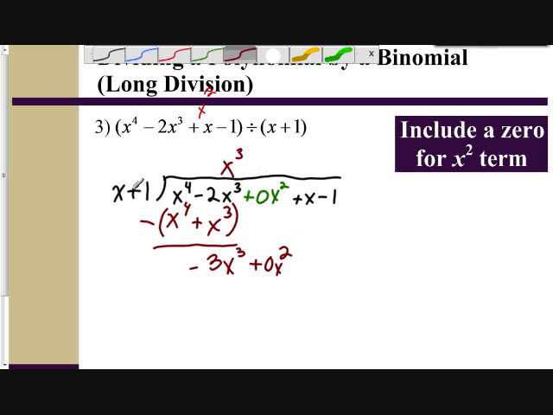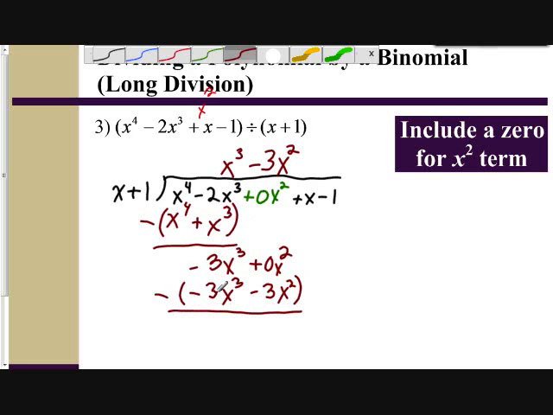And again, we look at what we multiply x by to get negative 3x cubed, and that would be a negative 3x squared. Distribute, and we get negative 3x cubed. Distribute, we get minus 3x squared. Subtract the entire expression.